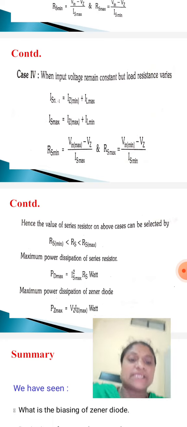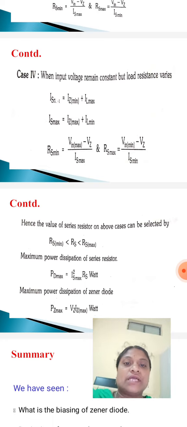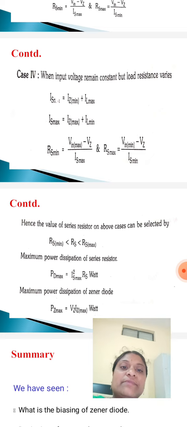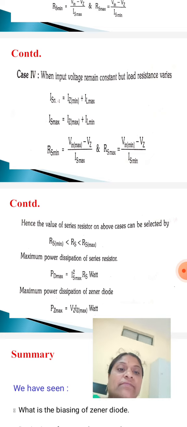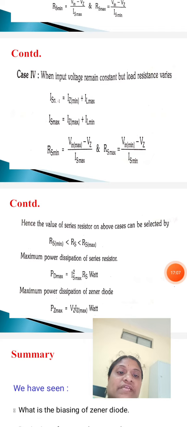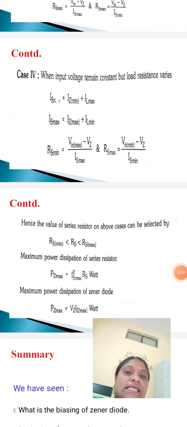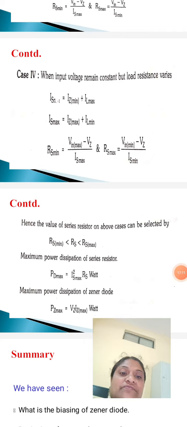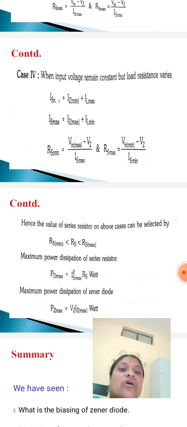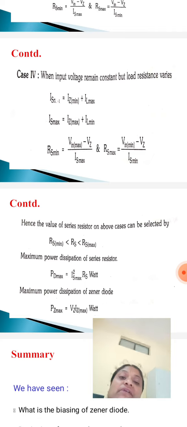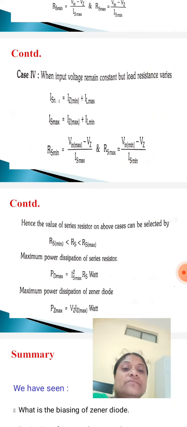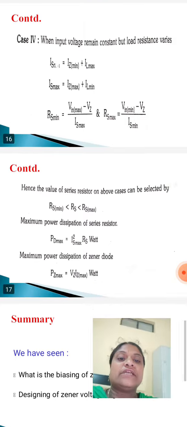Similarly, RS minimum is equal to Vin maximum minus Vz by Is maximum. And RS maximum is equal to Vin minimum minus Vz by Is minimum. Here both vary, that's why we take these equations.